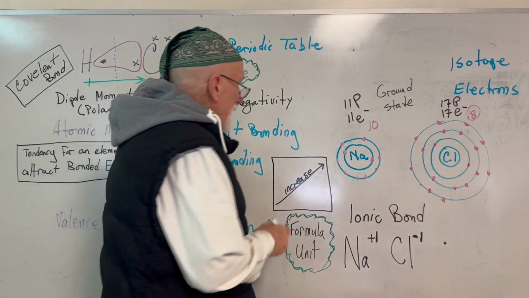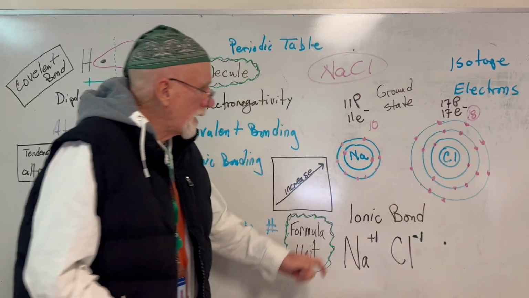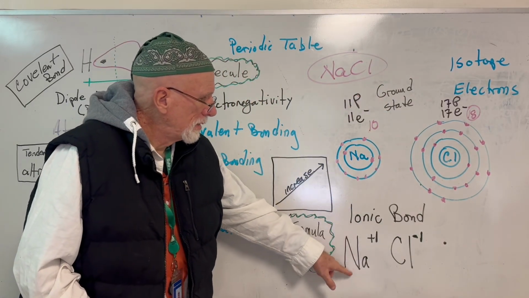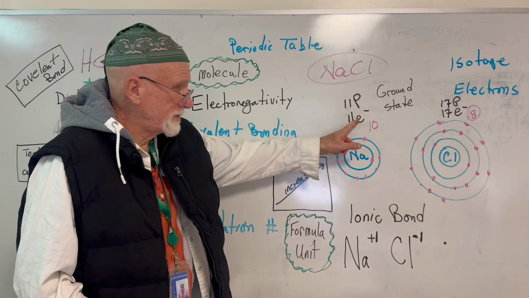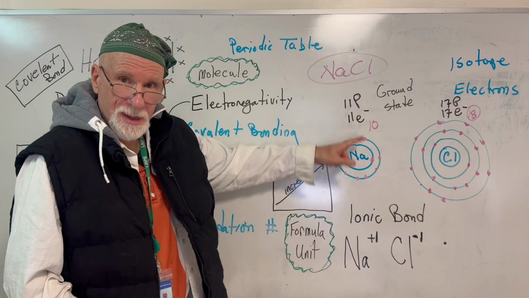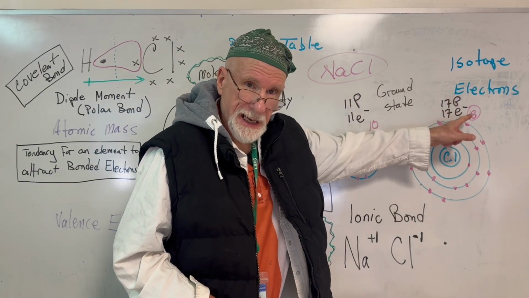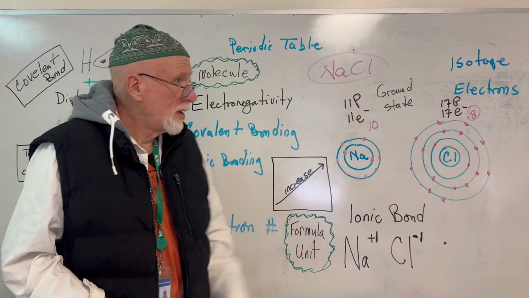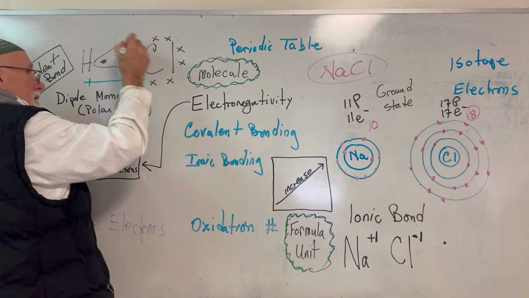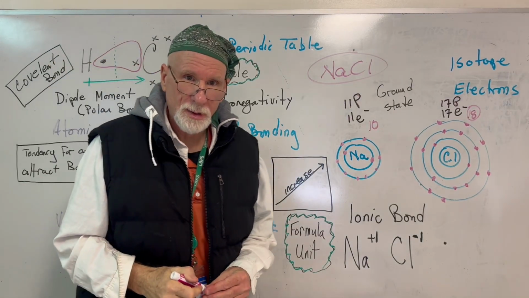Yes. So this one particle, I have plus 1, minus 1. Yes? Because I have 10 electrons, 11 protons, plus 1, 17 protons, 18 electrons, minus 1. That's a formula unit. Whereas this HCl is a molecule. Understood?